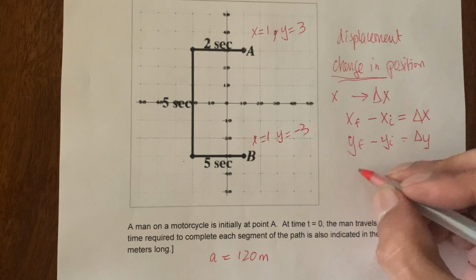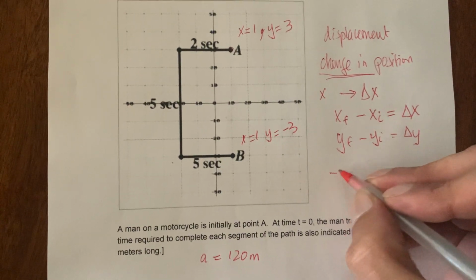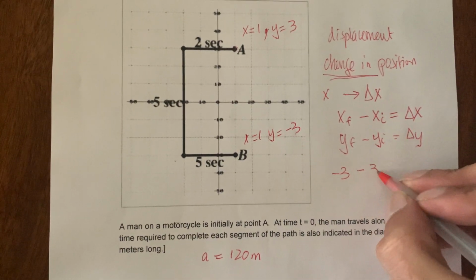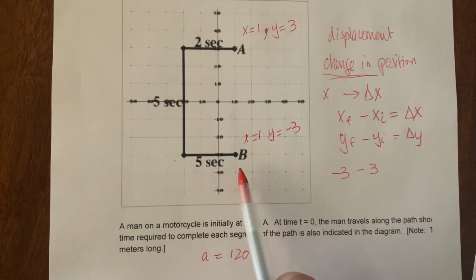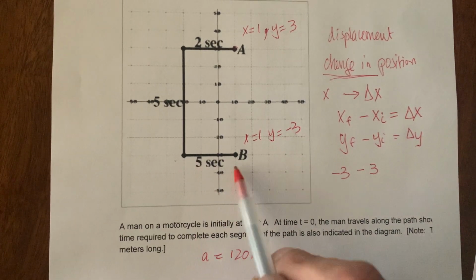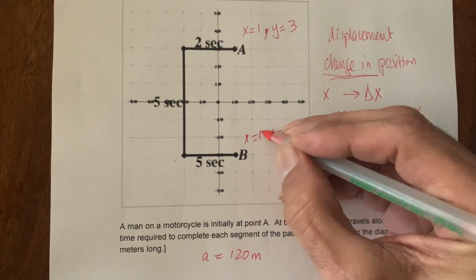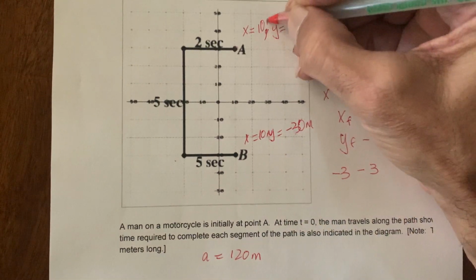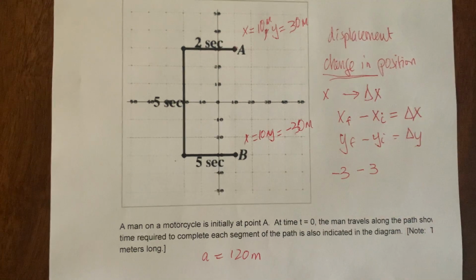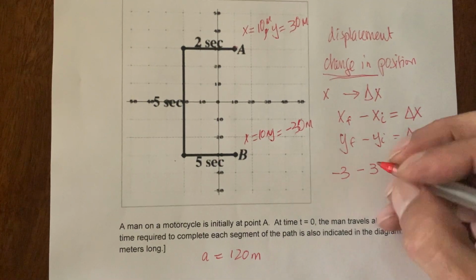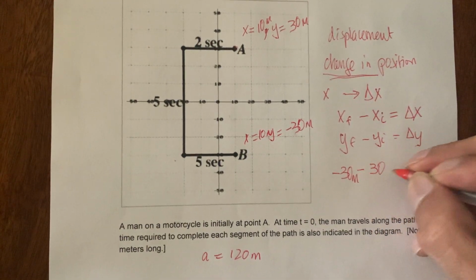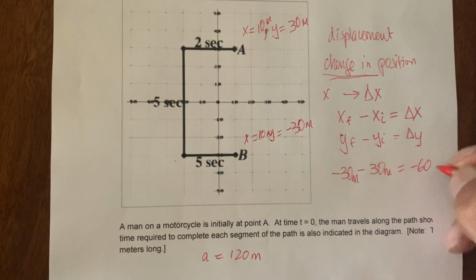So final minus initial would be negative 3 minus 3. Now remember, each square is 10 meters, so we'd write that as negative 30 meters minus 30 meters, which is negative 60 meters.